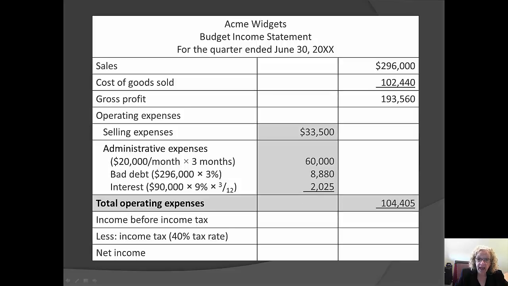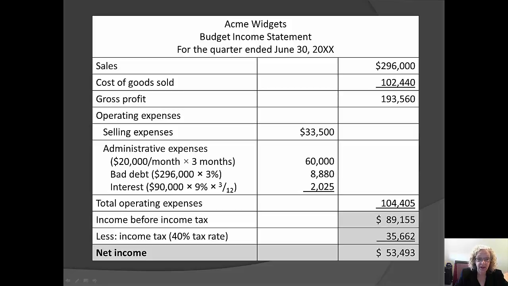Add that up, and that gives us our total budgeted operating expenses. Subtract that from our gross profit, and that gives us our income before income tax. Then, assuming we live in, say, a 40% tax world, we can subtract out our income taxes to get our bottom line net income for this 3-month period.